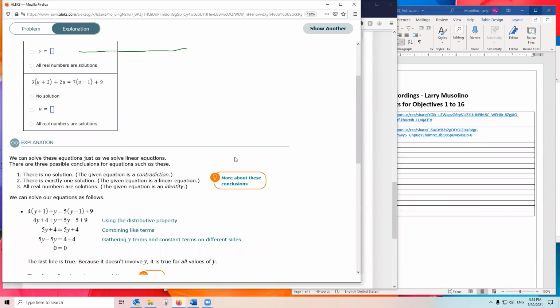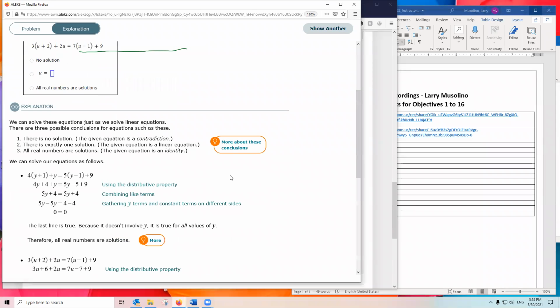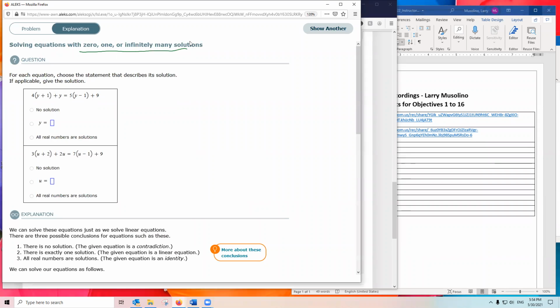Okay. So let me try to explain the 3 possibilities. These are the 3 possible outcomes when solving an equation. You could end up with one solution. You know, like the example we just did a second ago, we ended up with u equal 4. You could end up with no solutions.